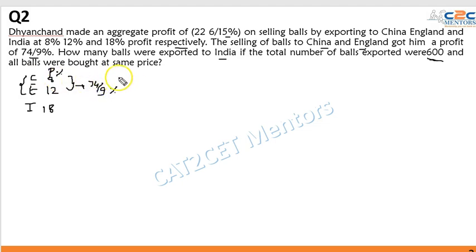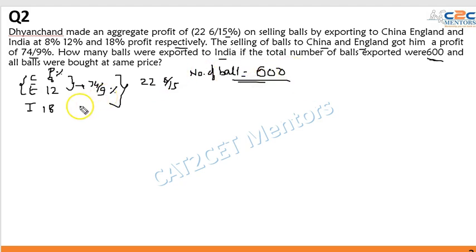And if I calculate the profit overall, then it is provided to me as 22.6 by 15. And I also know the number of balls which are exported altogether is nothing but 600. So this is the given information from the question. Now let us utilize each information one by one.